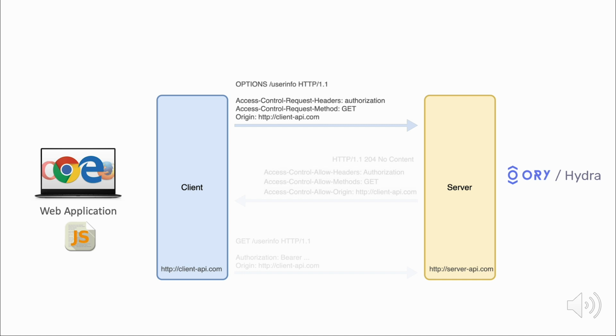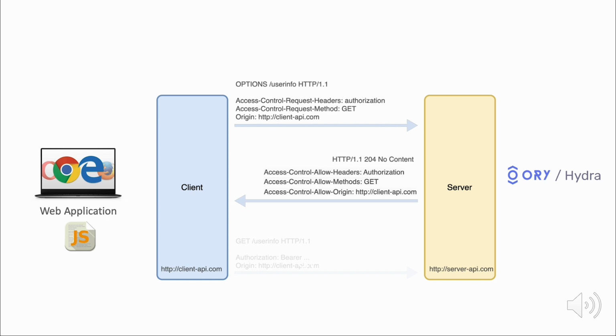The server must respond to the Preflight request with information about the cross-origin request the server is willing to accept. The server response header must include the following: access control allow methods, access control allow headers, access control allow origin.